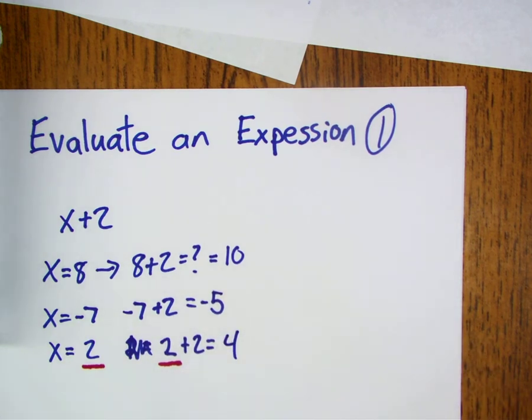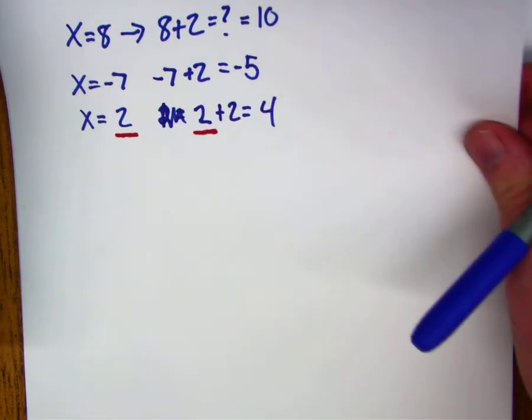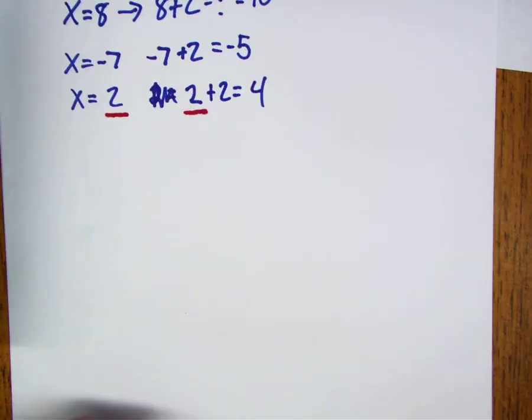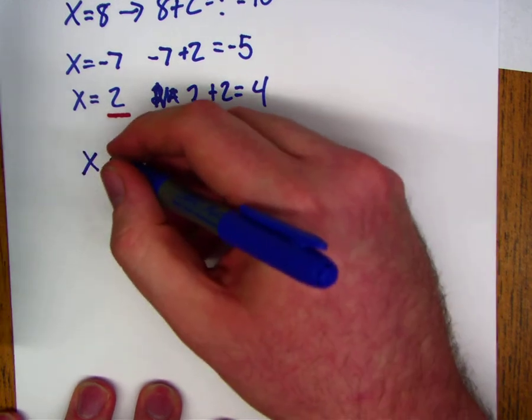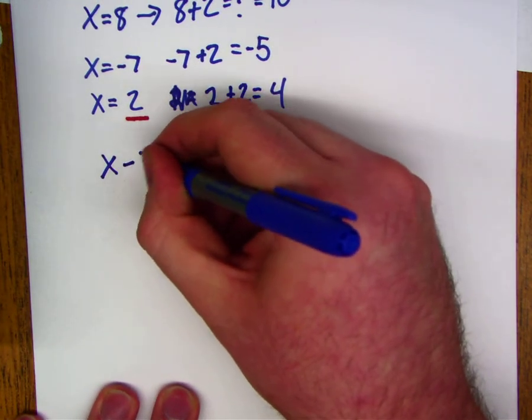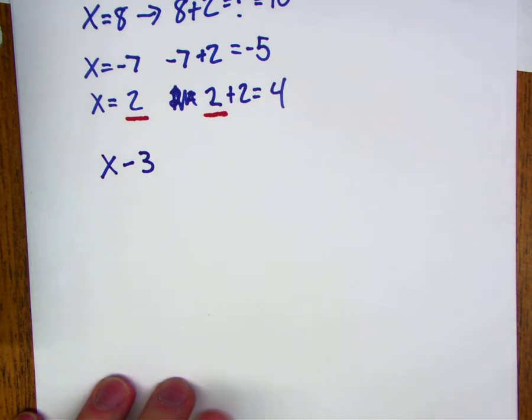That just equals 4. Alright, I'm going to give you guys one practice set here, and then we are going to talk about one other concept today. Suppose I give you a new expression, x minus 3. That is your expression.